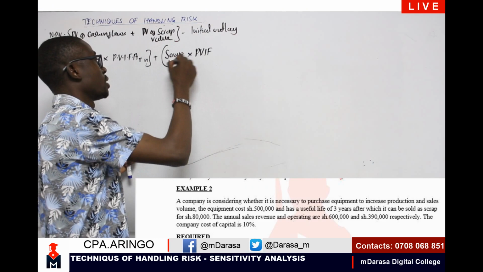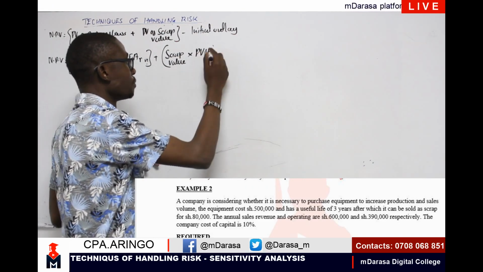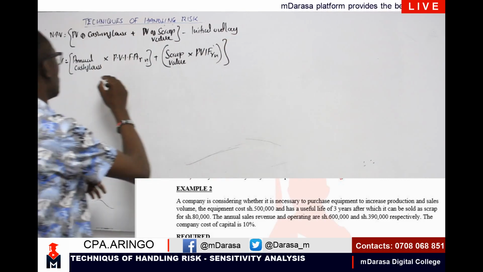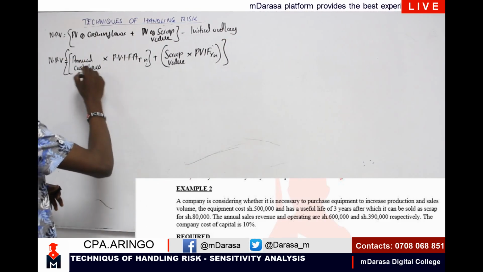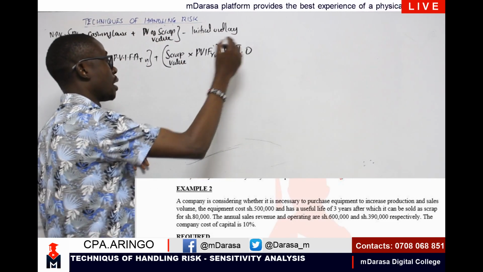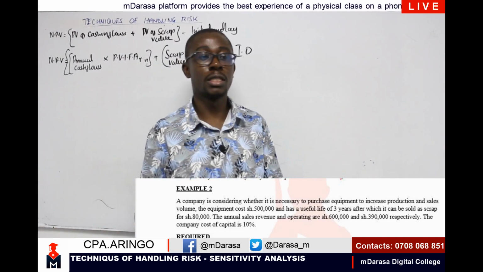So it is not annuity, so it is lump sum. So given our rate, all this, we are going to less our initial outlay. So that is the first thing that you should establish for you to work it out correctly.